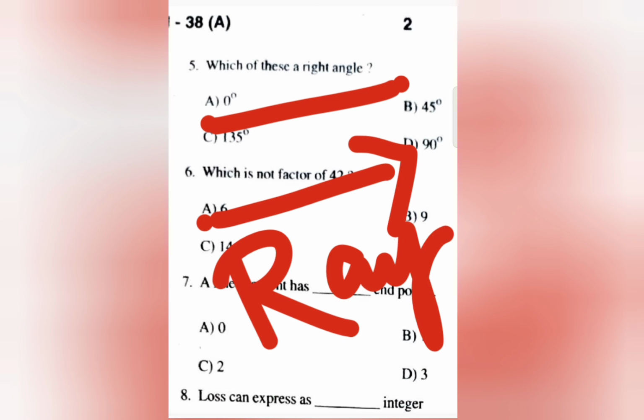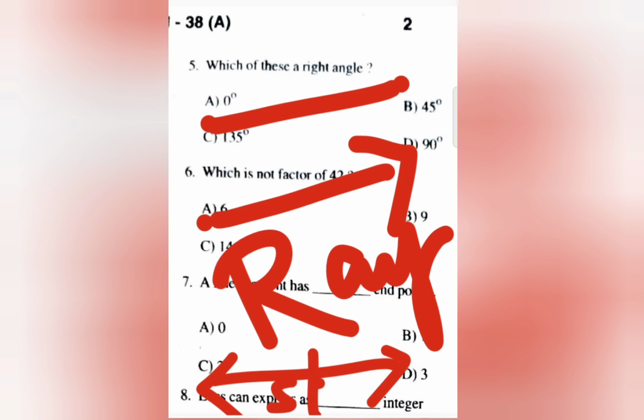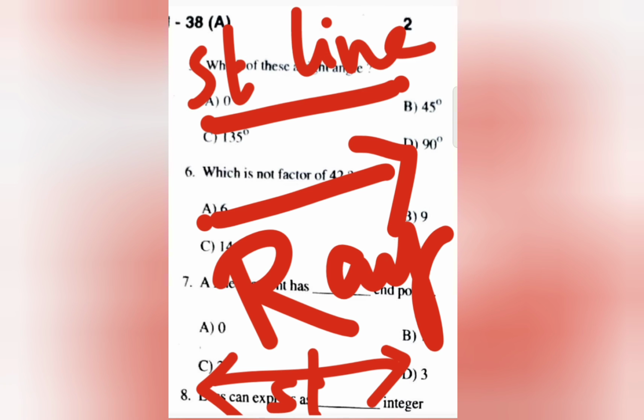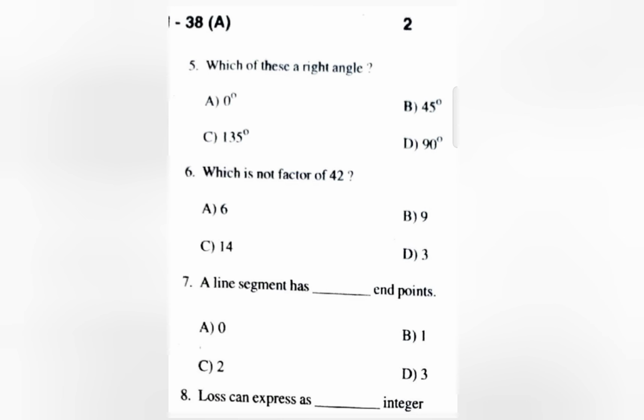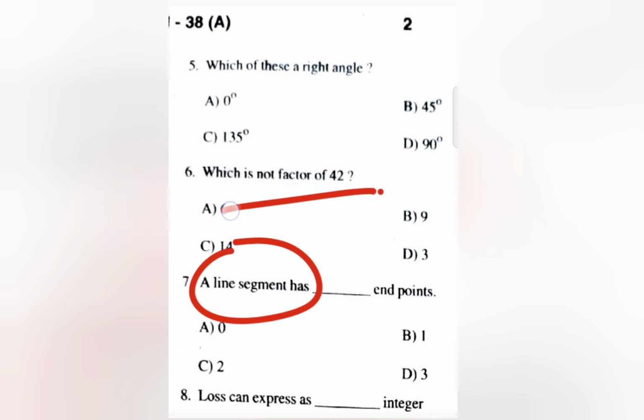If a line has no endpoint, that is nothing but a straight line. But what is being asked in this question? A line segment has how many endpoints? A line segment has two endpoints. So option C will be the correct answer.